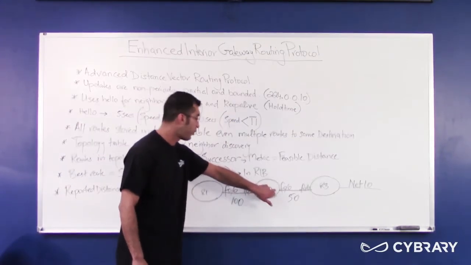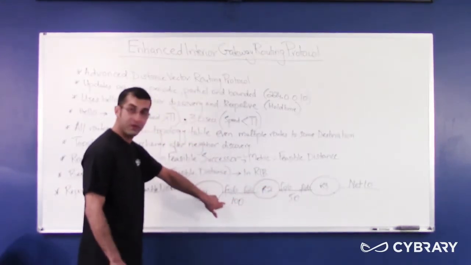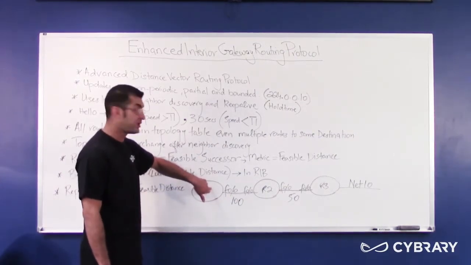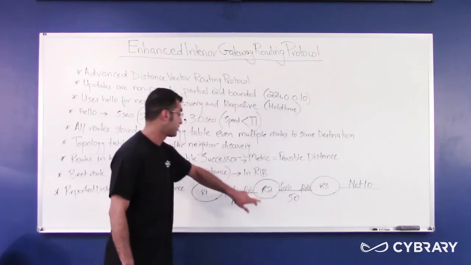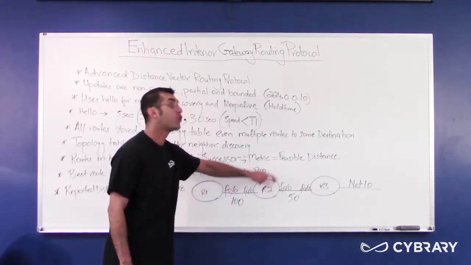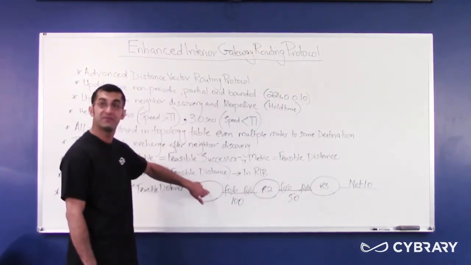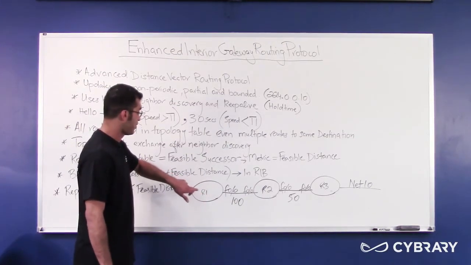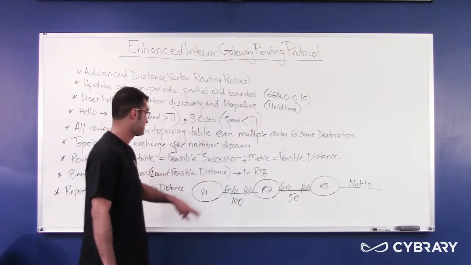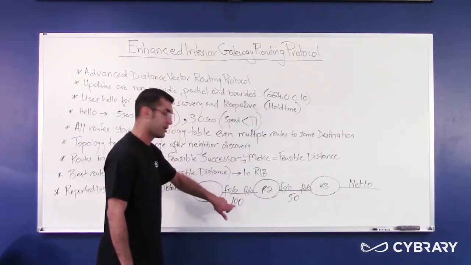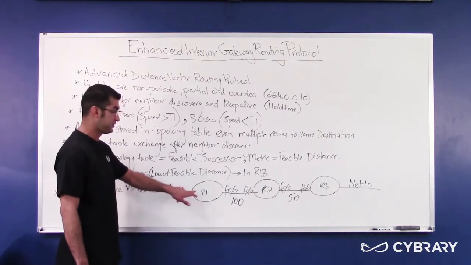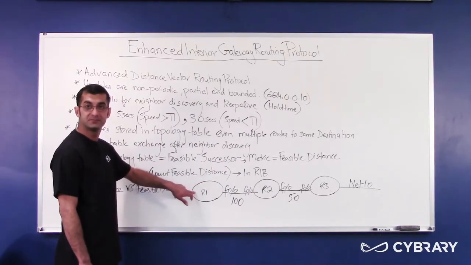Now, router 2 reports a distance of 50 to router 1. So router 1 will see a reported distance of 50 because router 2 is reporting its own distance to router 1 as being 50. Router 1 will take that 50, and router 1 knows that its own distance to router 2 is 100, and it will add the 50 to 100 to get a total feasible distance of 150.